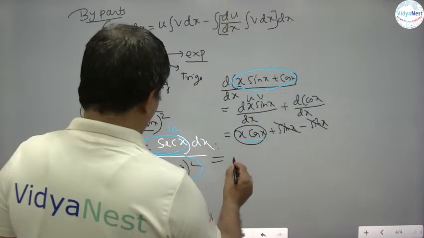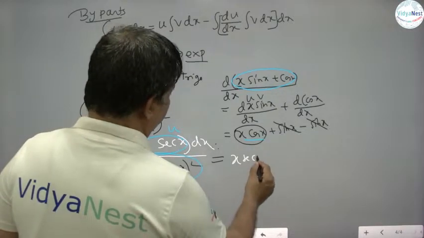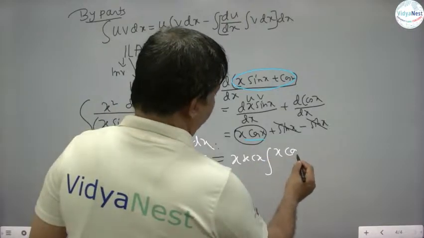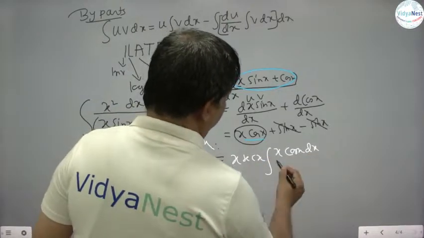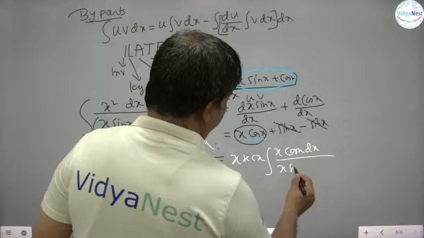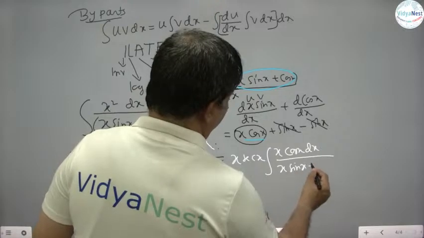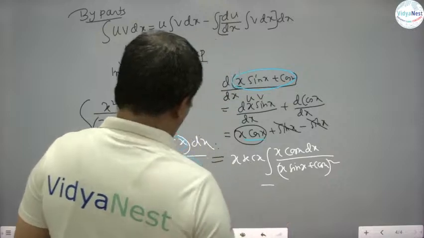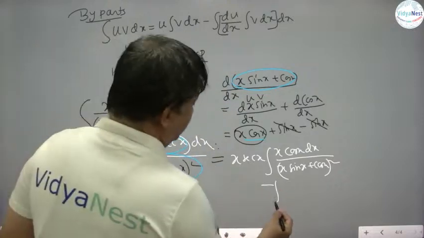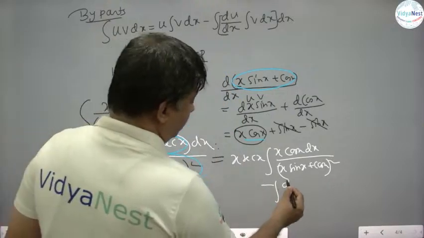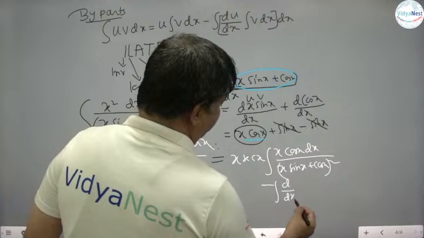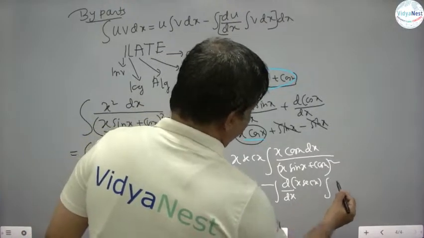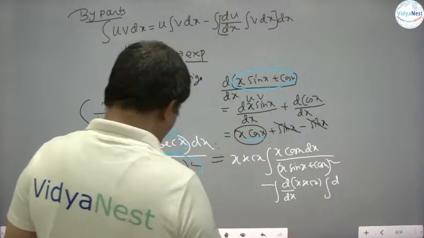So u into integration of this thing minus differentiation, you follow this rule, differentiation of x sec x into integration of this.